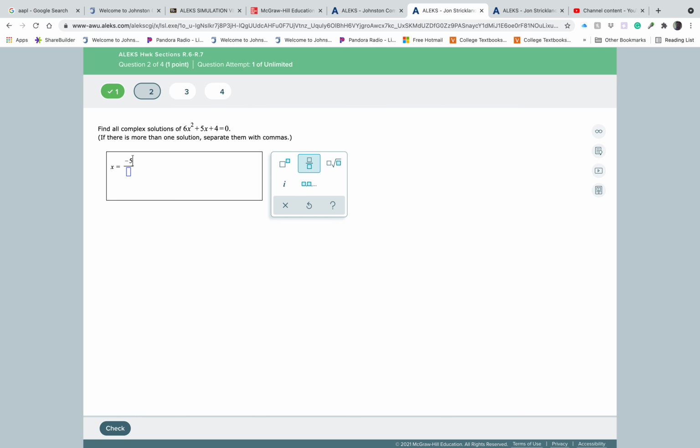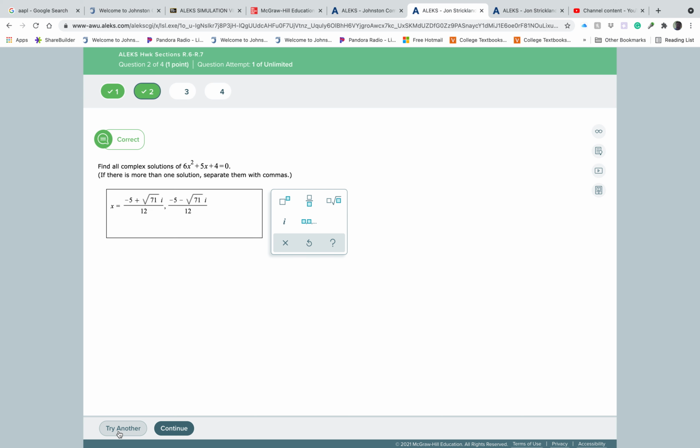So you have negative 5 plus the square root of 71 times i all over 12. Then we have negative 5 minus the square root of 71 times i also over 12, and checking, the result is correct.